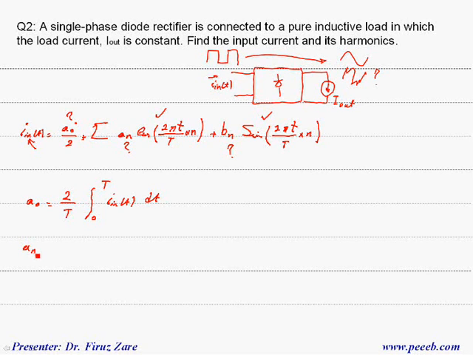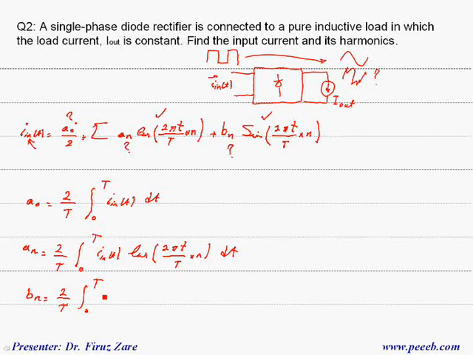And an is 2 over T times this integral over 1 cycle of I in t cosine 2 pi t over T times n dt, and bn is 2 over T times this integral of I in t sine 2 pi t over T times n dt.